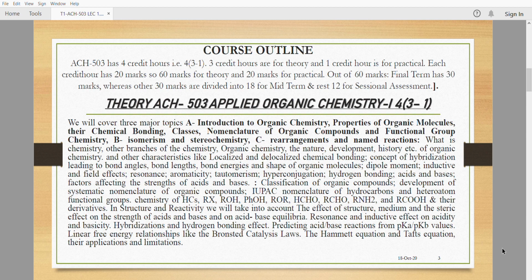All these notes are provided to you, and some theories about acid bases. You are very much aware of those theories of acid bases, but I have given you notes to revise those concepts properly. Then hydrogen bonding, solvation, spectator ions. I have given you some quizzes and assignments related to this as well.